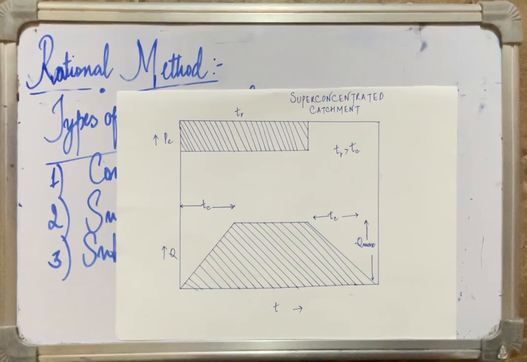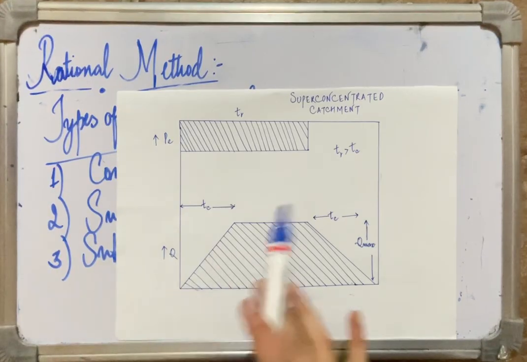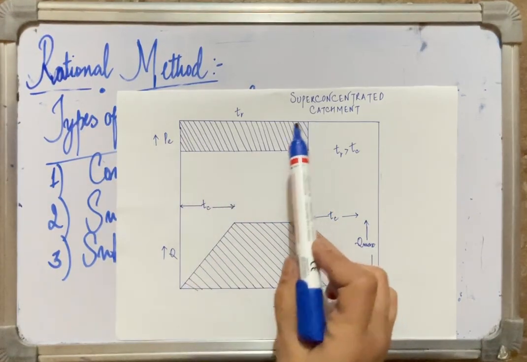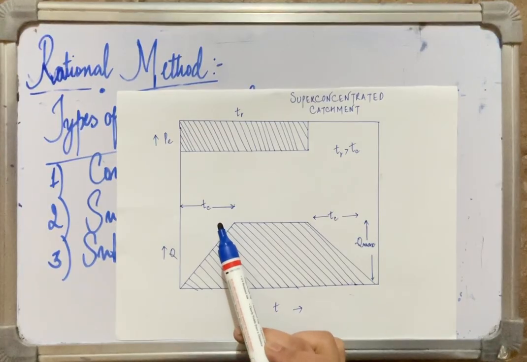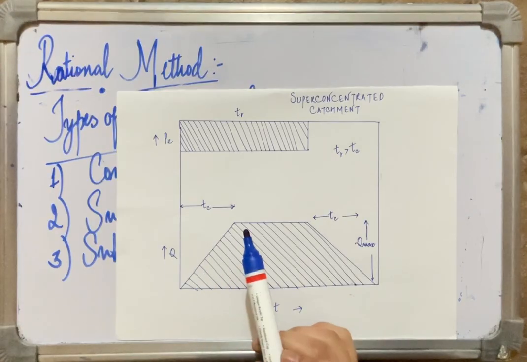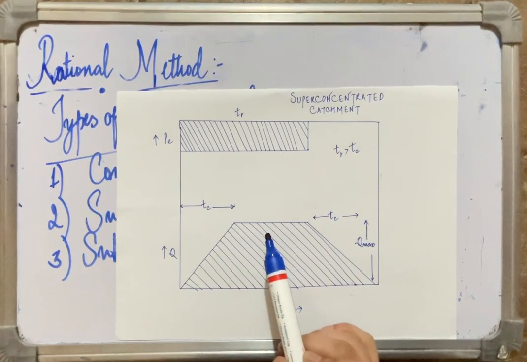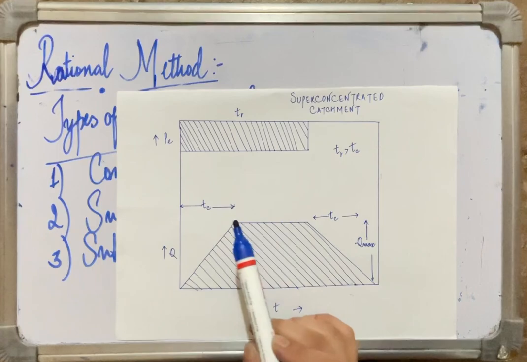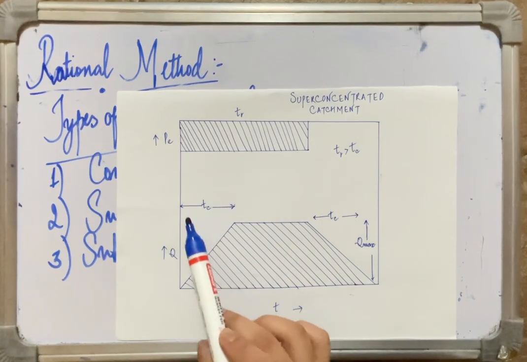In this type of response, rainfall duration exceeds the concentration time. So rainfall occurs at a longer duration than the concentration time of that particular catchment. In this case, the runoff concentrates at the outlet. It reaches its maximum or equilibrium rate after an elapsed time, which is known as the concentration time.